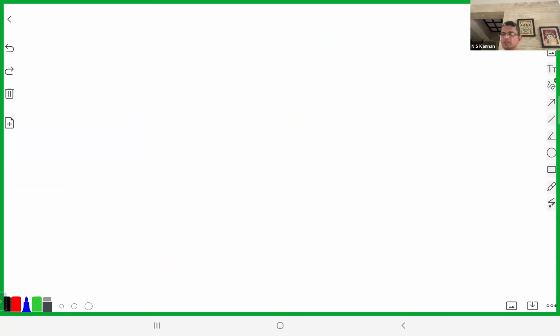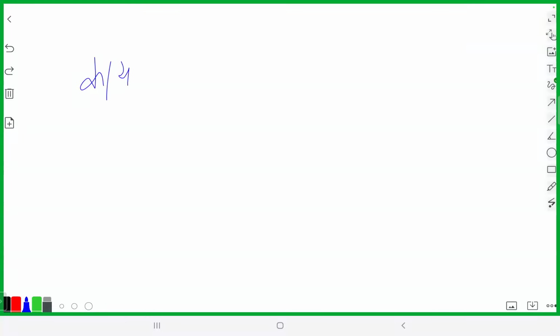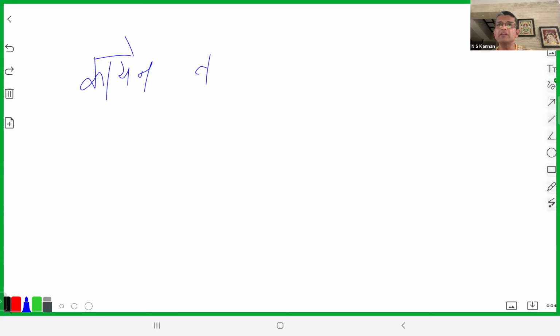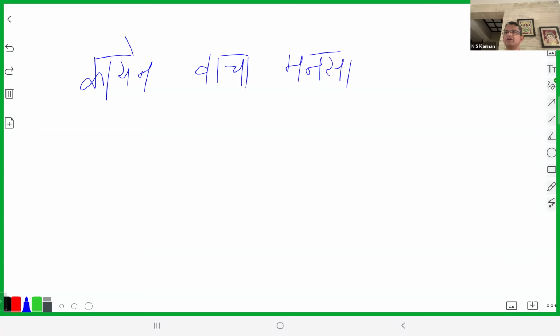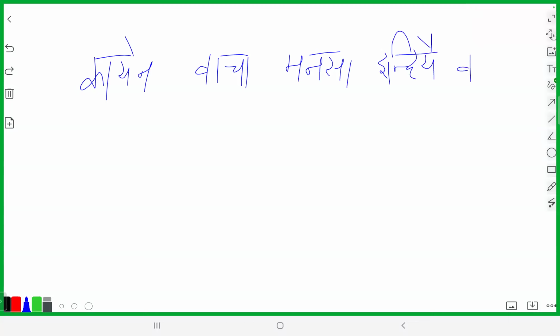It's another shloka too: Kayena vacha manasendriyairva.